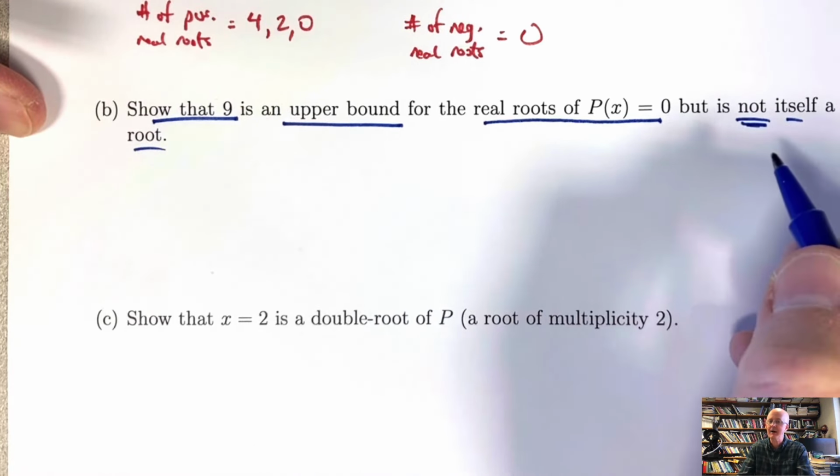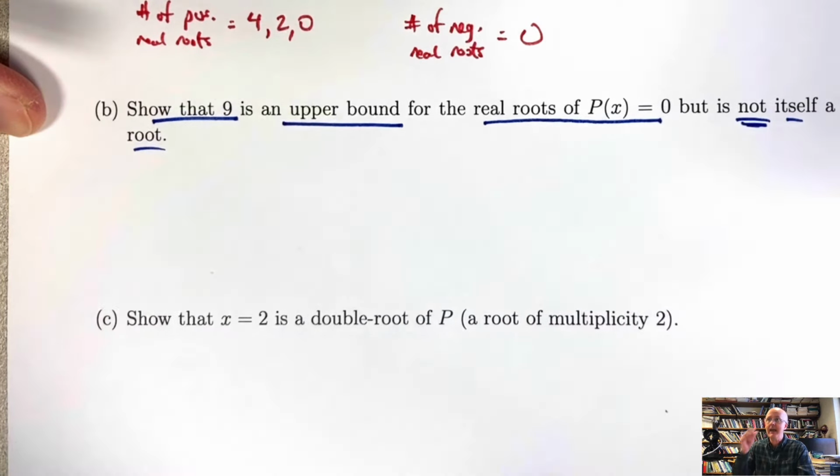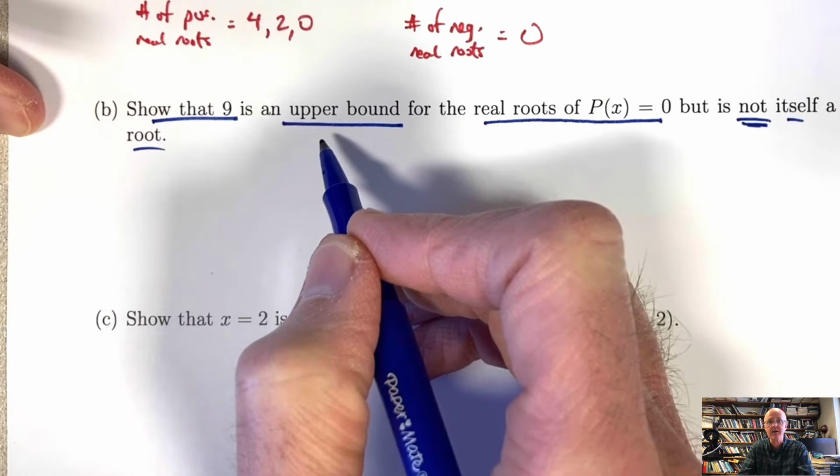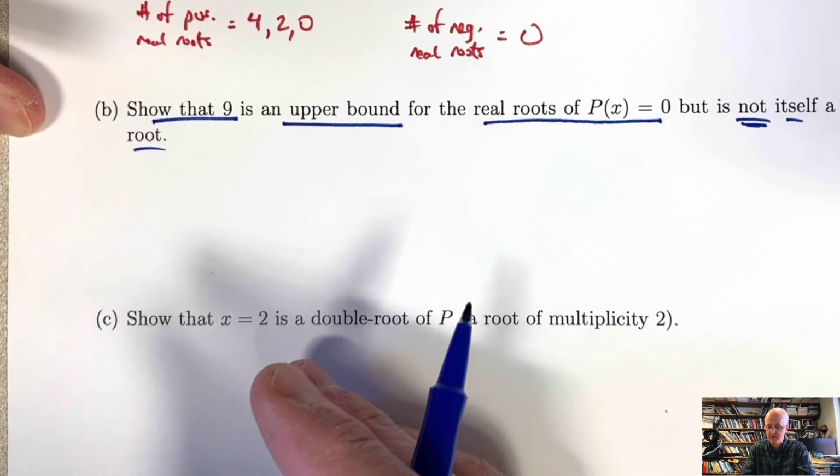We need to divide the polynomial by x minus 9. And when doing so, if we get a quotient that has all positive coefficients, and if the remainder itself is also positive, that will be enough to say that 9 is an upper bound of all the real roots. It's bigger than any real root of this polynomial.